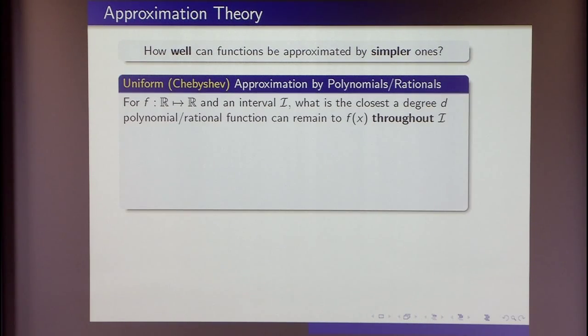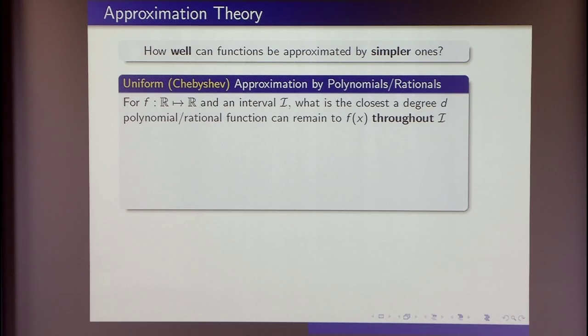What we would like to have in this green curve, or this function which we are using to approximate the given function, is that it is simple, and by simple I mean, for this talk, it could be a low degree polynomial or a low degree rational function. Okay?